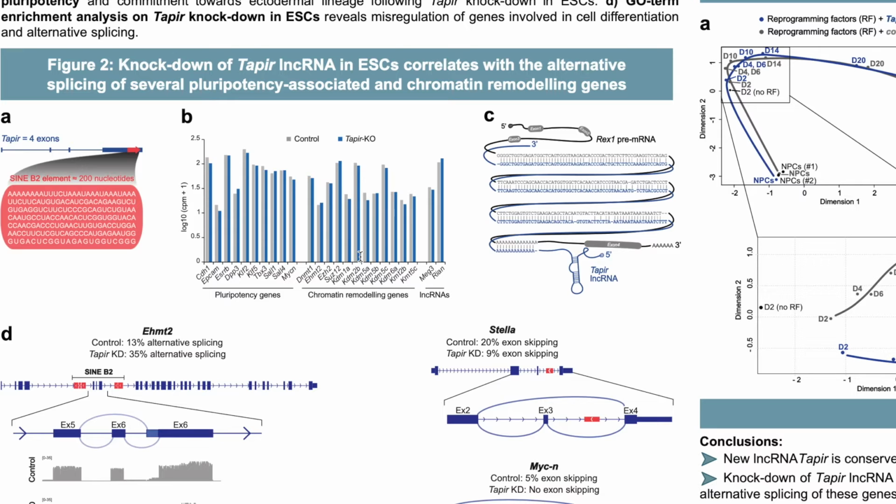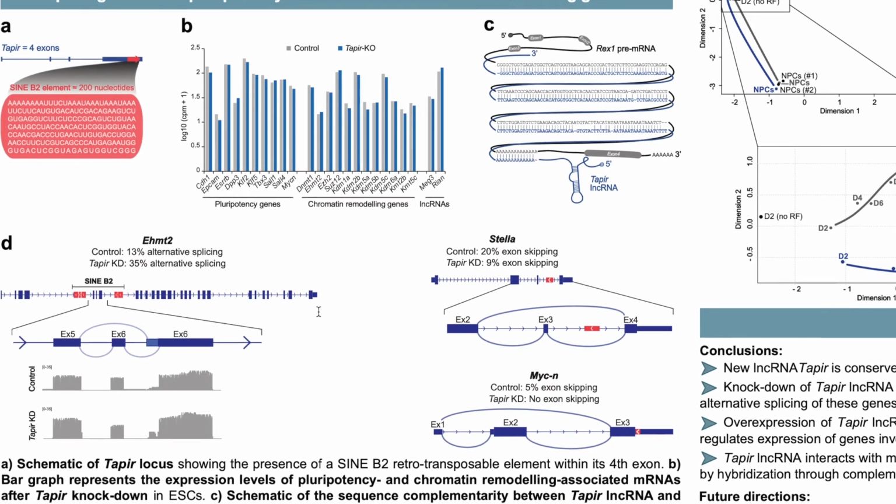So because, remember, I spoke about alternative splicing, we decided to look at different genes in the RNA sequencing and look at if their splicing was affected. So some of the genes like EHMT2, upon knockdown of Tapir, you see a 35% increase in alternative splicing of exon 6, suggesting that Tapir is implicated more in the splicing of the gene rather than the gene expression itself.